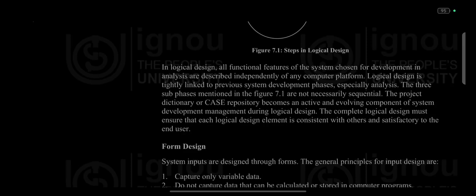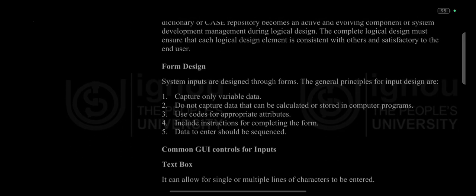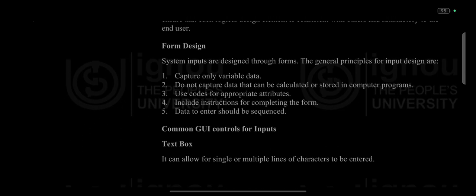The project dictionary or CASE repository becomes an active and evolving component of system development management during logical design. The complete logical design must ensure that each logical design element is consistent with the others and satisfactory to the end user.